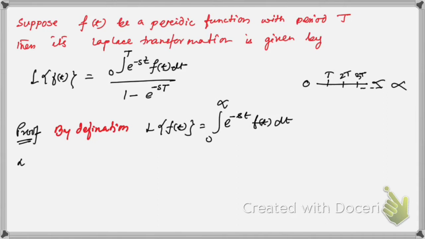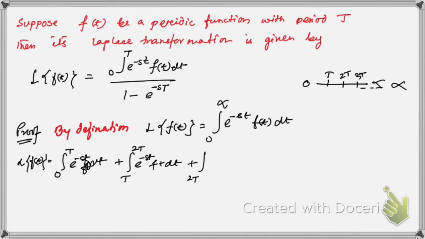Then the Laplace transformation of this function f of t becomes like this. You will get the integral from 0 to T of e to the power minus st f of t dt, then T to 2T of e to the power minus st f of t dt, and so on.